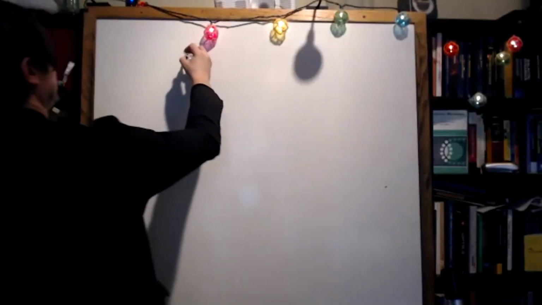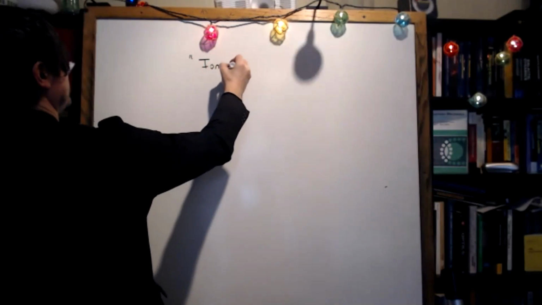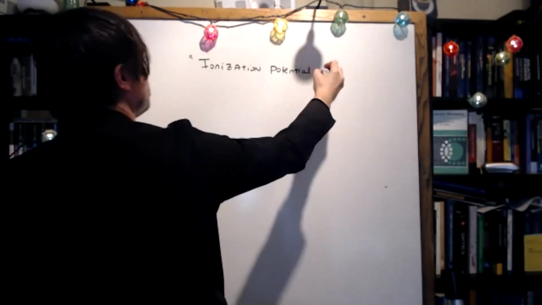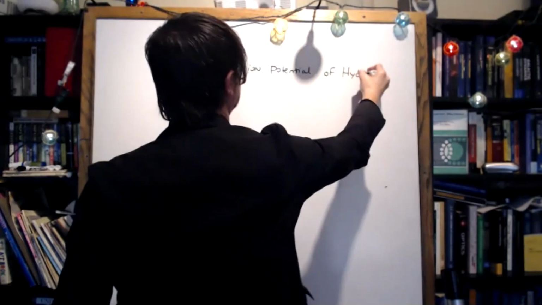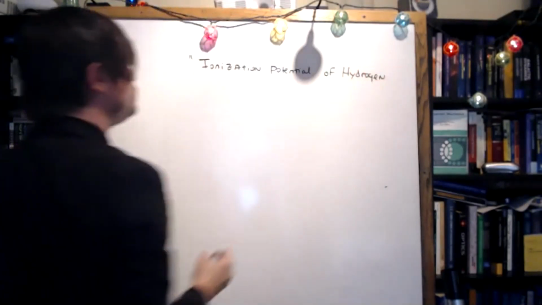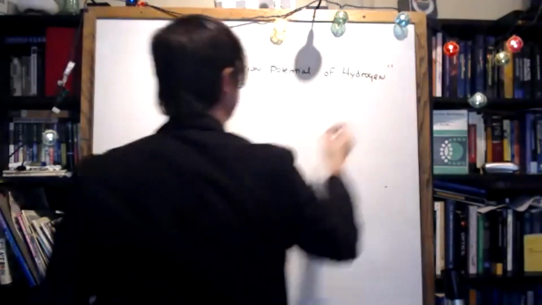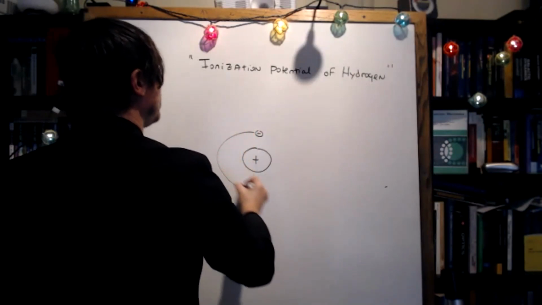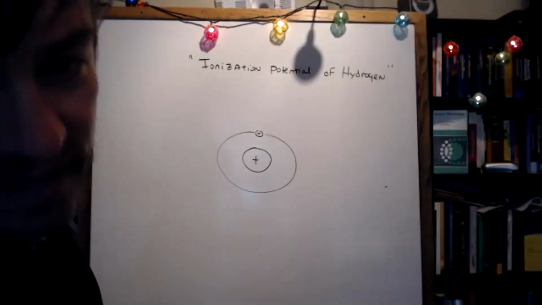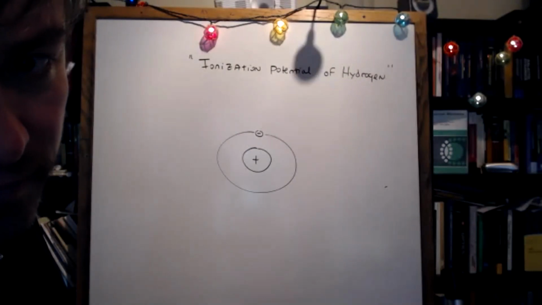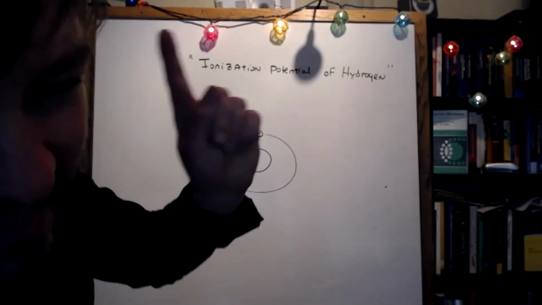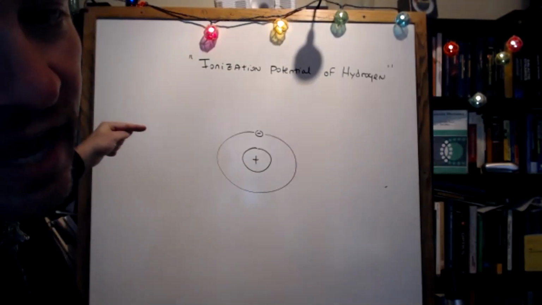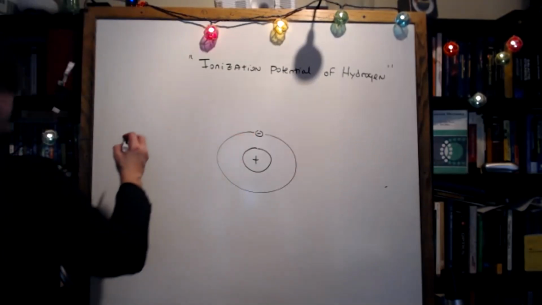So here's a good sample problem. Let's do a problem on something called the ionization potential of the hydrogen atom. Okay. In space, a cold hydrogen atom will feature a single electron in the ground state. It's possible for a single photon of precisely the correct amount of energy to ionize the hydrogen atom in the following way.